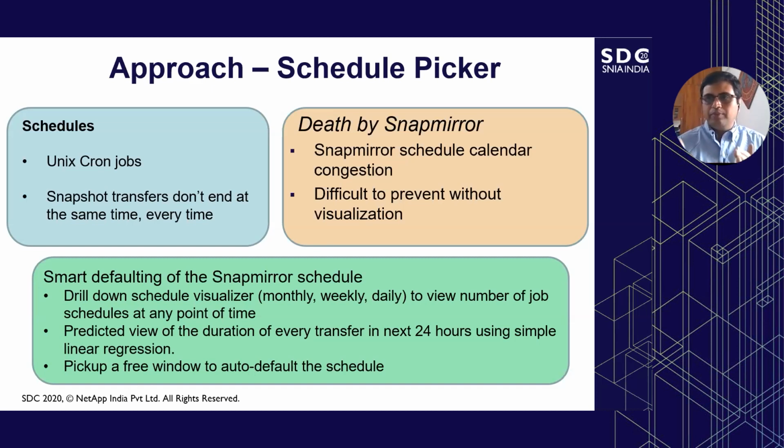What is death by SnapMirror? Pradeep touched upon this earlier. When we heard about this, we were really intrigued, and we thought we should give an attempt to solve this problem. To give you a very relatable Bangalore analogy, this is like your office is in South Bangalore, and you're trying to reach there in peak time, but you need to hit the Silk Board Junction.